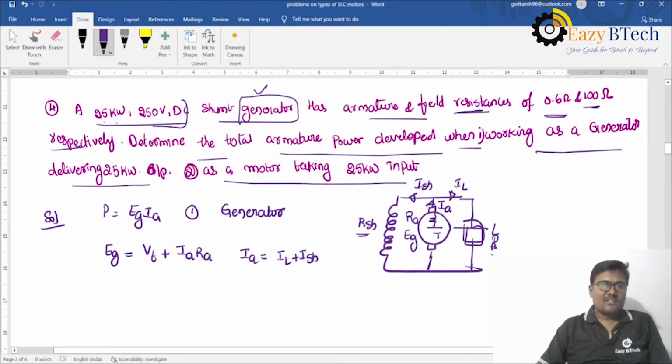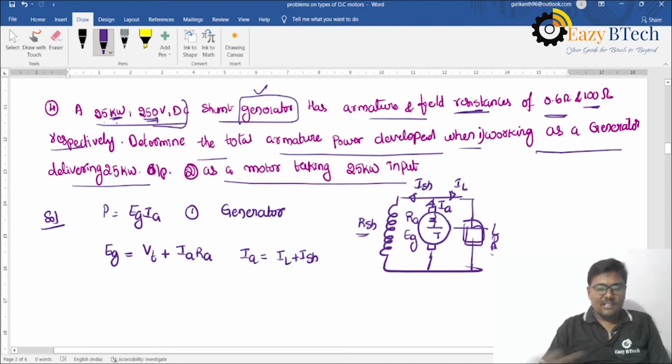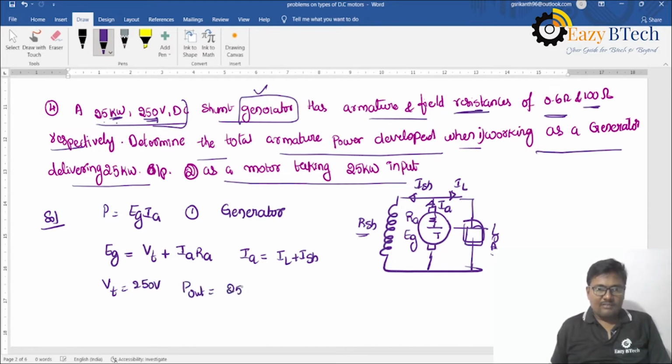When it acts as a generator, these terms are the output power. Yes, 250 volts is the terminal voltage, and the output power is 25 kilowatts. So Vt is equal to 250 volts, and the output power is equal to 25 into 10 to the power of 3.